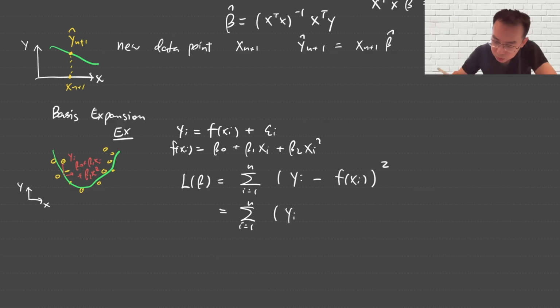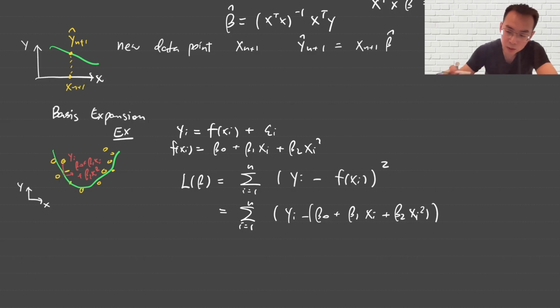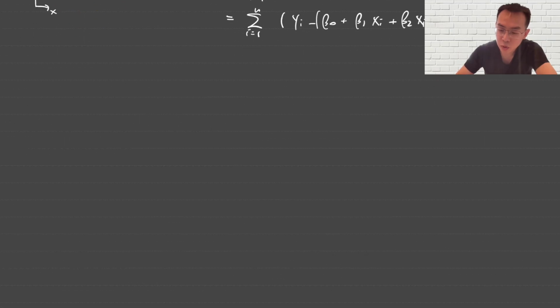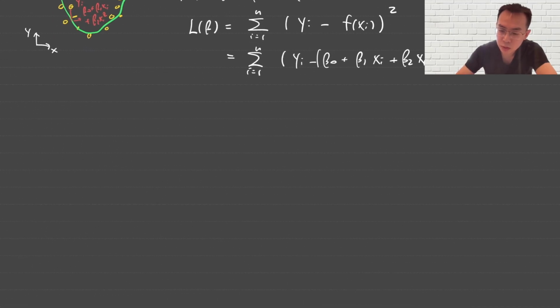I just expand the f: beta 0 plus beta 1 xi, and so on. So that is the objective function we get, and then we can actually write the matrix form for this as well. Things will be crystal clear once you see that.